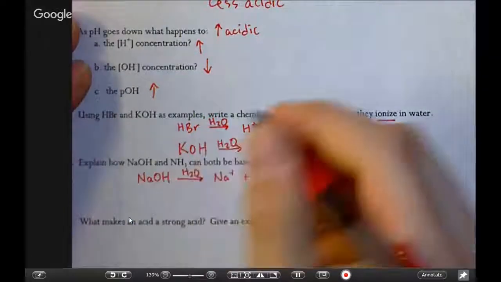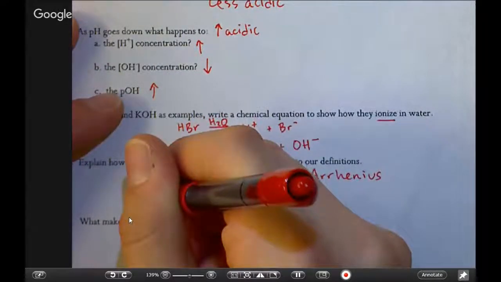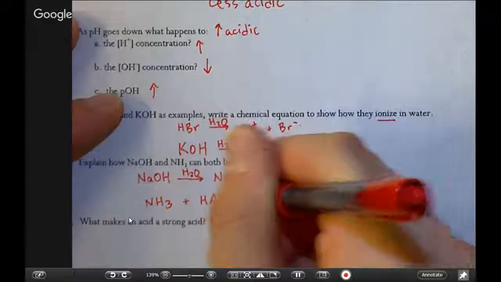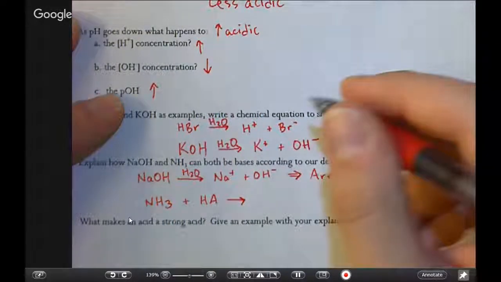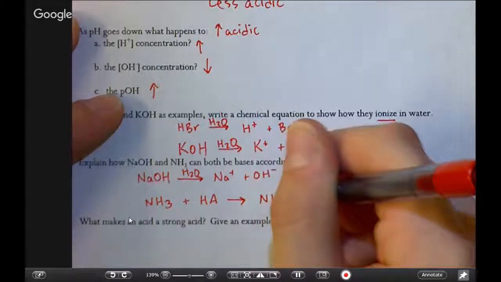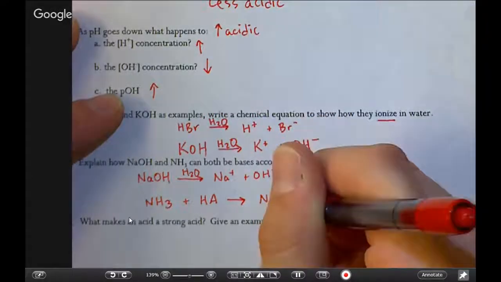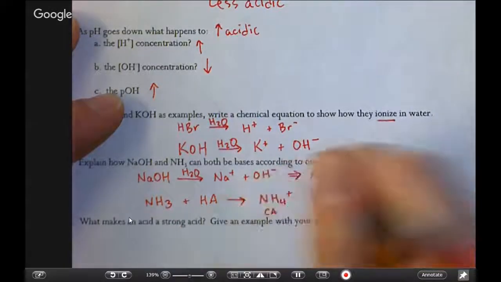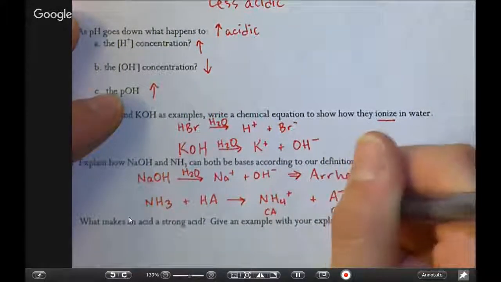Okay. NH3, when we put it in the presence of an acid, the base will form the conjugate acid, and then the acid would lead to the conjugate base.